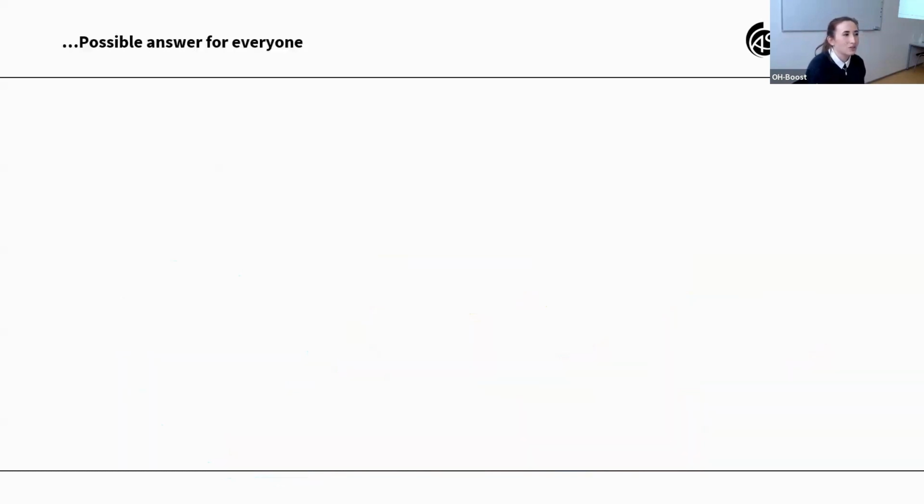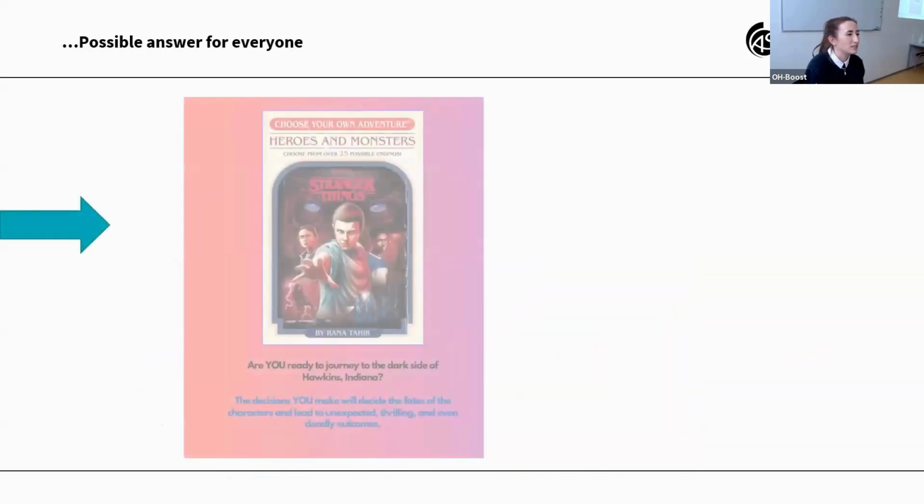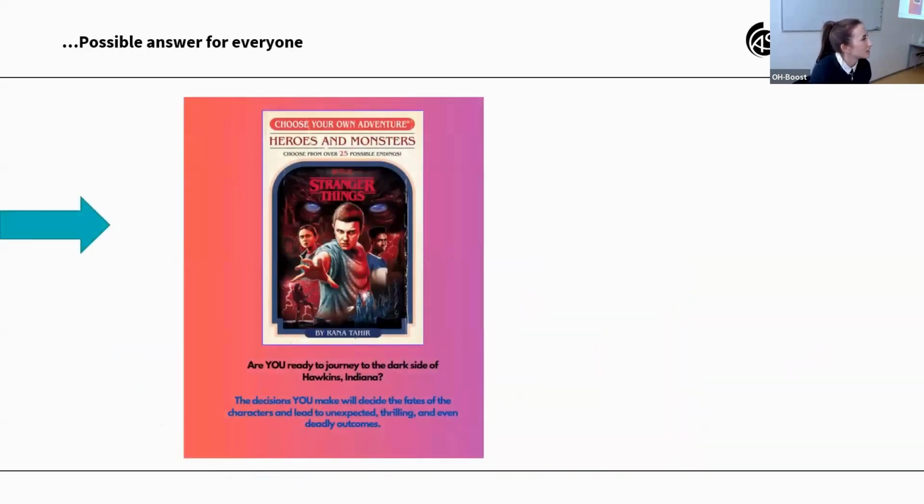But for now, do you know these game books from the 80s? These were books where you could create your own adventure, because you can decide after each chapter which way to go and which chapter to read. And that's why you can create your own reading flow and create your own adventure with different outcomes.